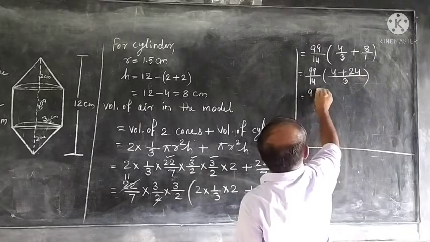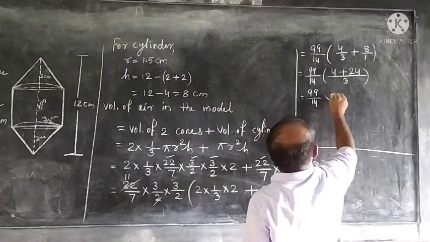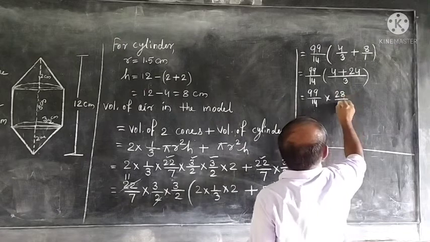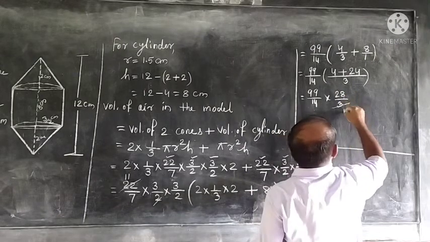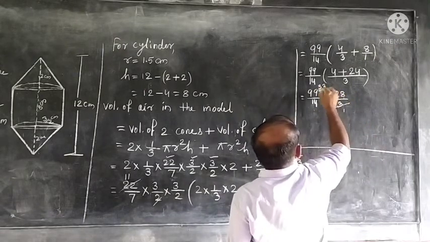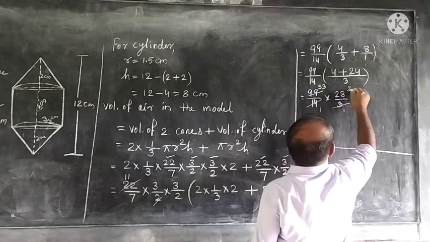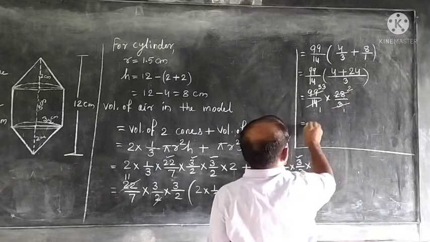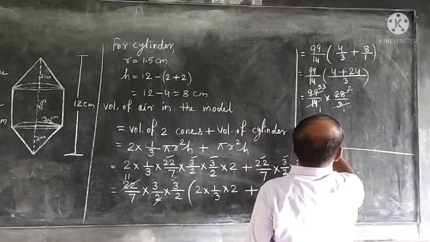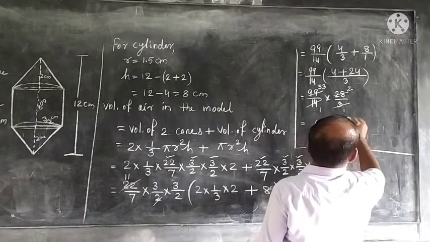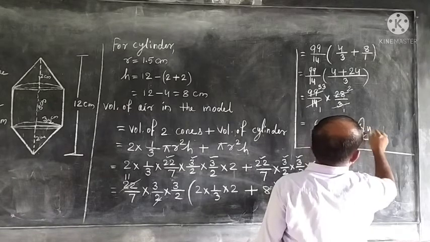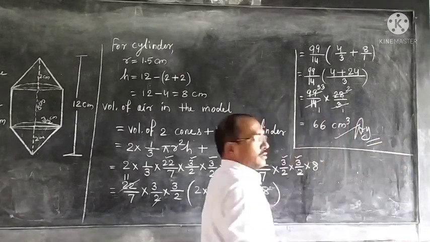So, 99 by 14 into 28 by 3, by 3 we can cut 3 33s are 99, 14 1s are. If you know direct cut 14 2s are 14 table, you will be knowing. So, 33 into 2, 66 centimeter cube is the volume of air inside the model.